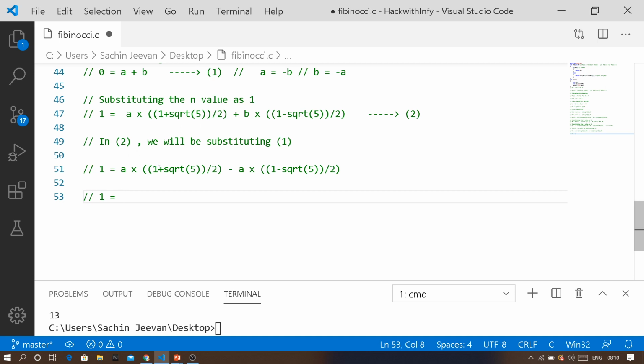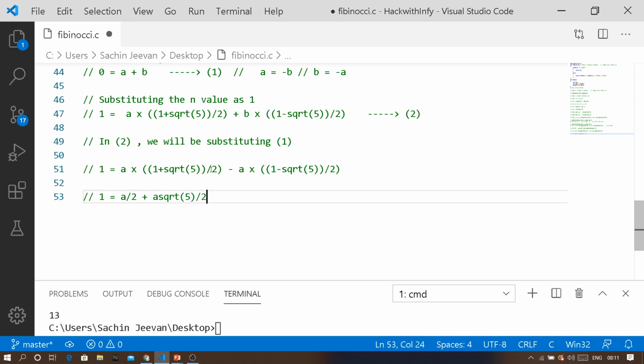So multiplying a inside, 1 by 2, what will it be? It will be a divided by 2. Then plus, what is a multiplied by square root of 5 divided by 2? It is a square root of 5 divided by 2.